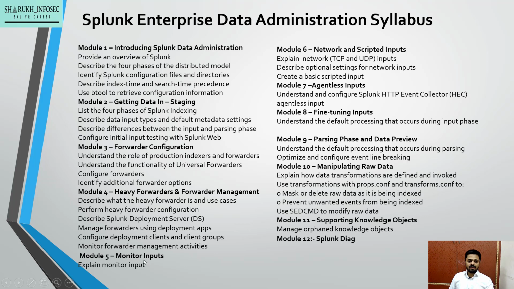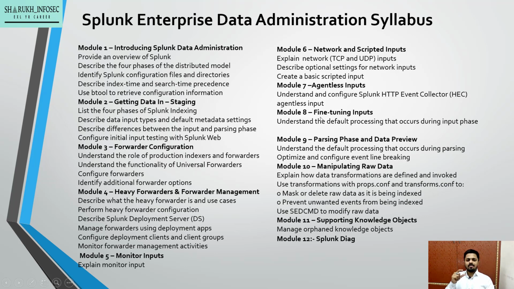Then there is module 5, where I'll be explaining the monitor inputs. Then we have module 6, network and scripted input, where we are going to see the TCP, and I'll be explaining how data gets onboarded from TCP and UDP ports, and also the scripted inputs. Then we are going for the agentless input, that is the HTTP event collector. And one more important thing, a bonus lab is there for the API integration.